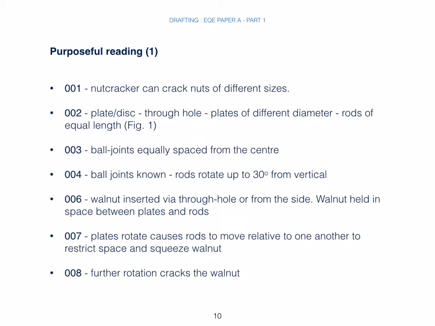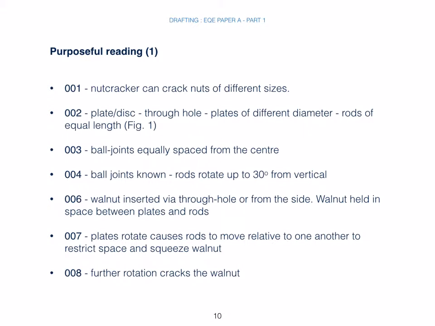And that is reference figure 4. Here the information that I noted down was plates rotates cause rods to move relative to one another to restrict space and squeeze walnut.